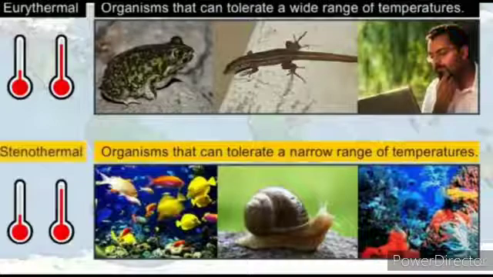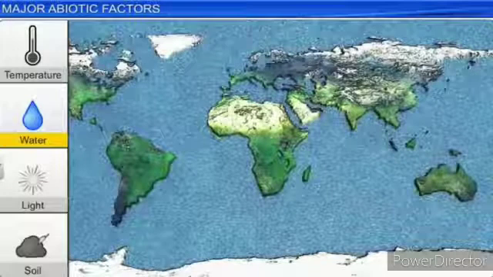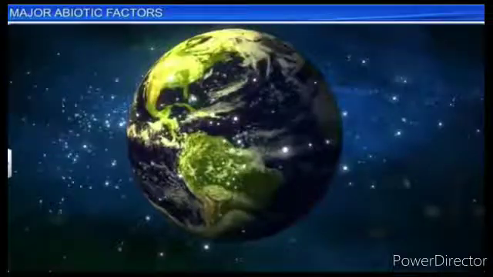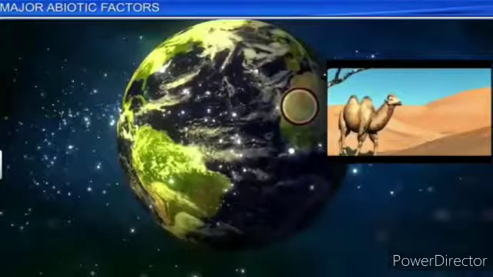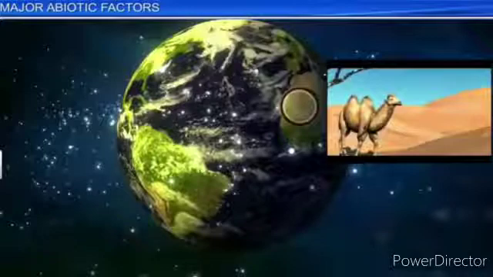Next abiotic factor, it is water. Next to temperature, water is the most important factor influencing the life of organisms. In fact, life on earth originated in water and is unsustainable without water. Its availability is so limited in deserts that only special adaptations make it possible to live there.